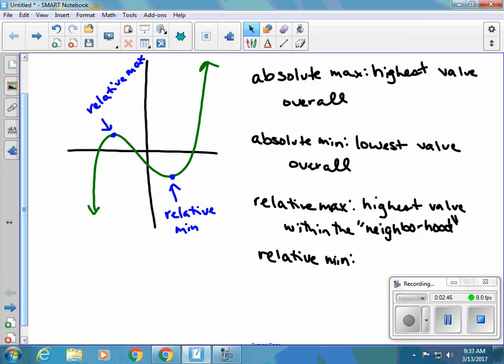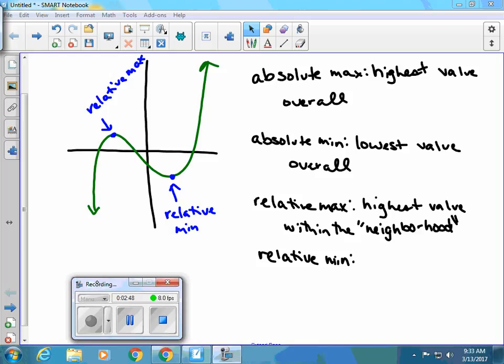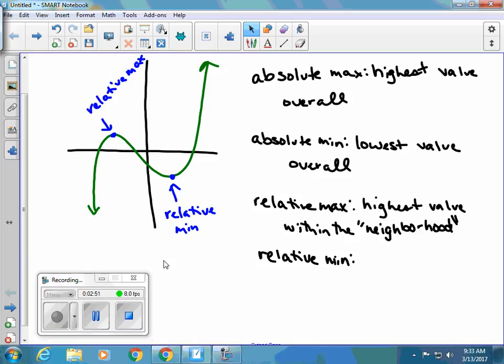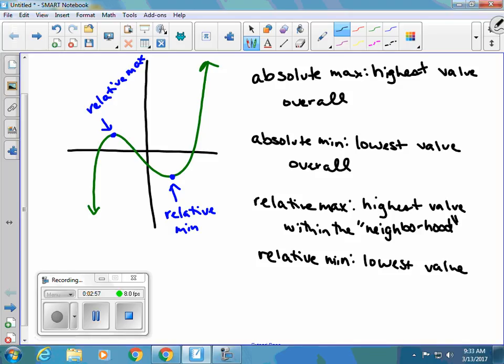We're actually just going to slide this over. It's kind of in my way. Relative min is going to be the lowest value within the neighborhood.